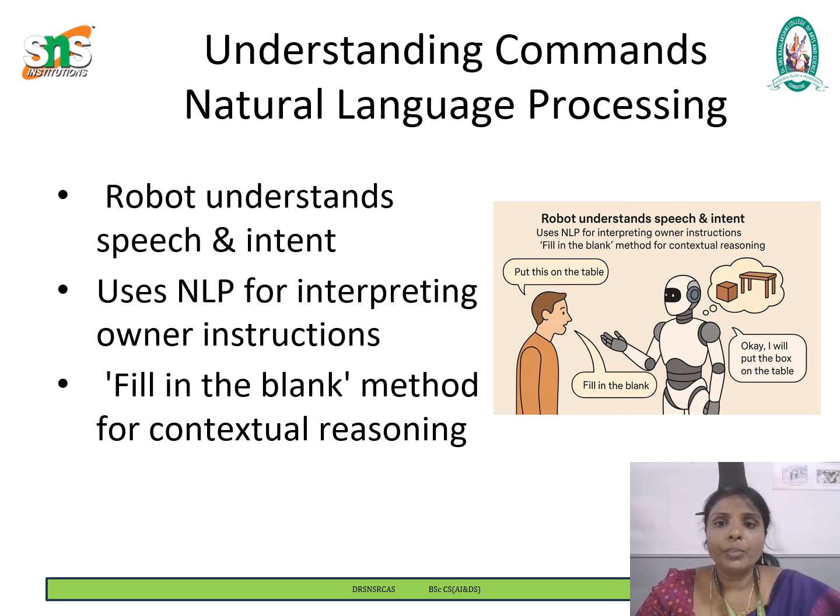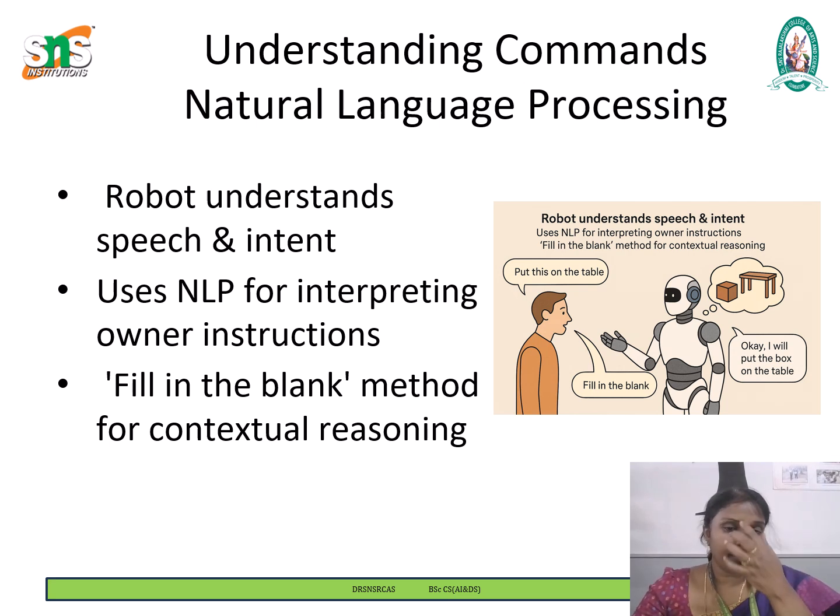For example, if the owner says, put this on the table, the robot uses the context, such as the object being pointed at and the known location of the table, to fill in the blanks and accurately carry out the instruction. This approach allows the robot to interact more naturally and intelligently with humans, making it more effective in real-world environments where commands are often vague and incomplete.